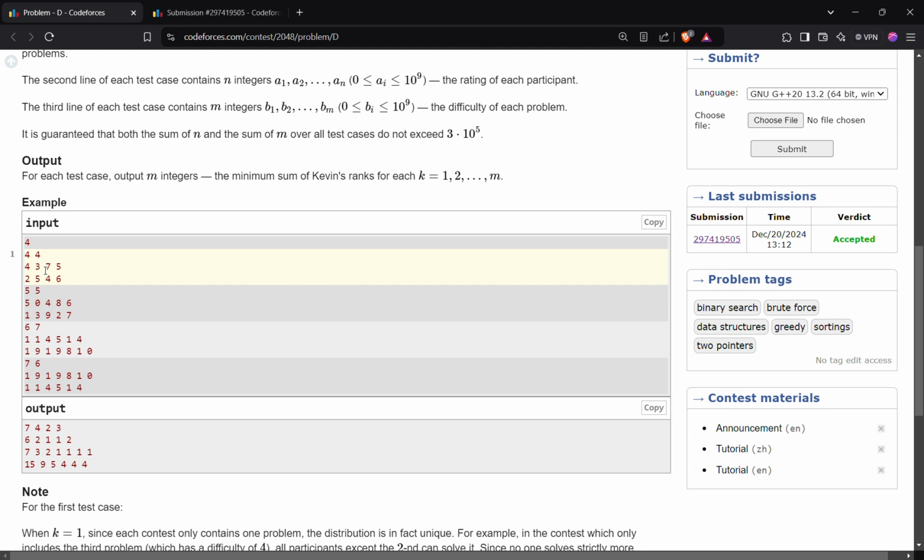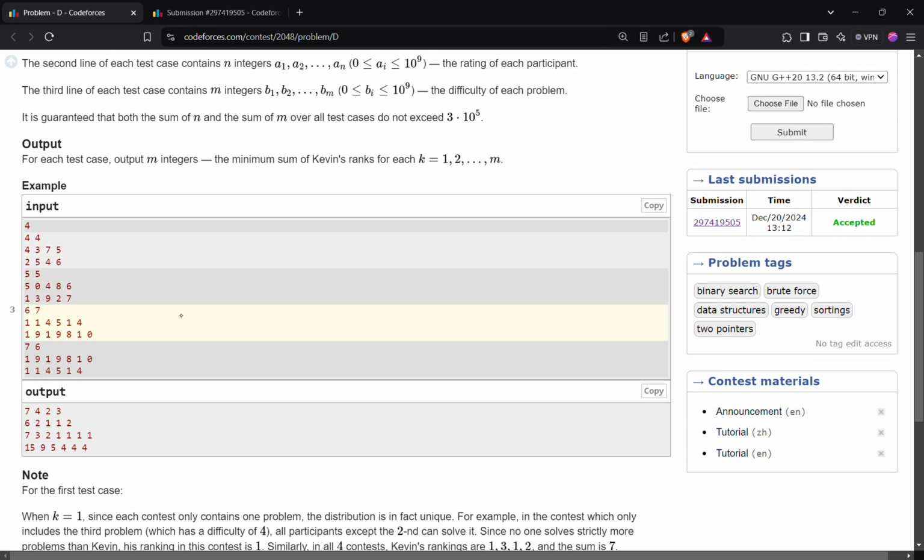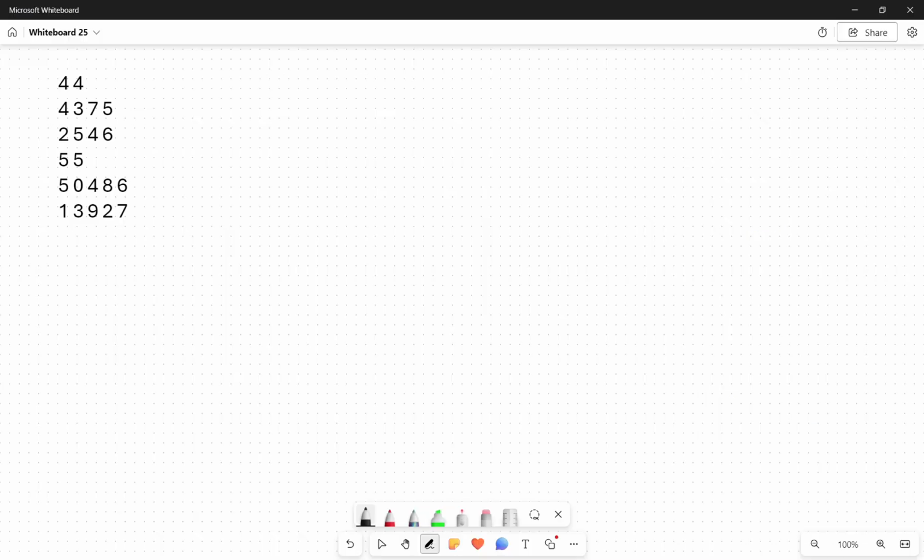Okay, so let us try to get a grasp of the problem by examining the sample test cases. Here I have the two sample test cases which they have given. In the first sample test case, n is equal to 4, m is equal to 4. Let us arrange the skill or rating of the participants in increasing order for our convenience.